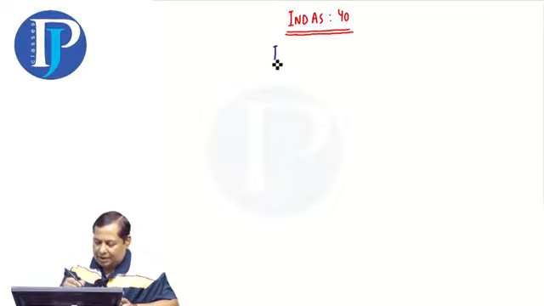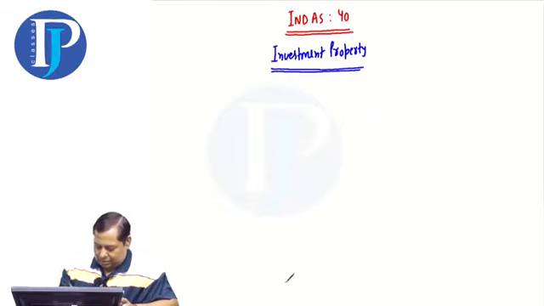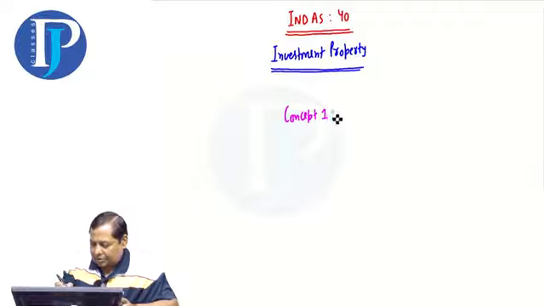And the title of Ind AS is by the name of investment property. And in this, we are going to study the first concept. Concept number 1. Meaning of the investment property.